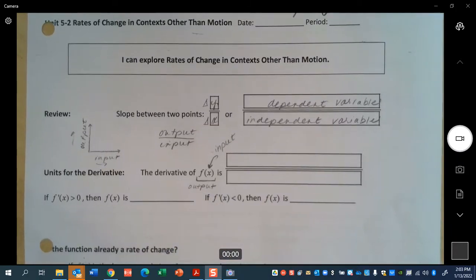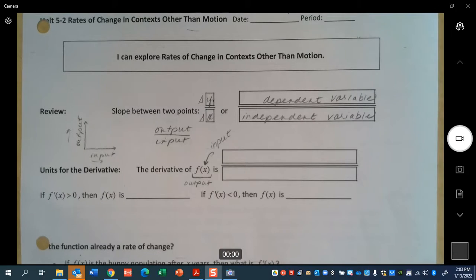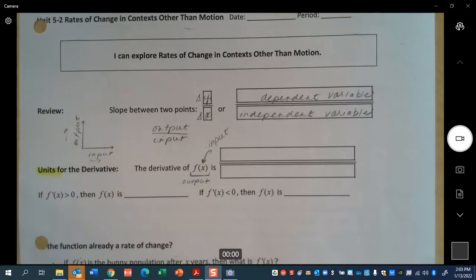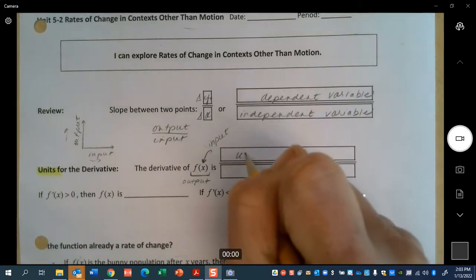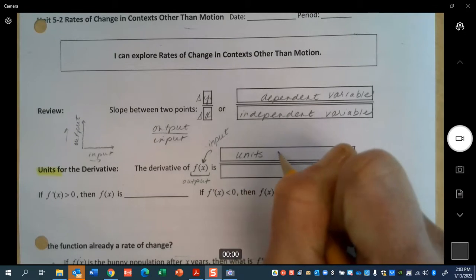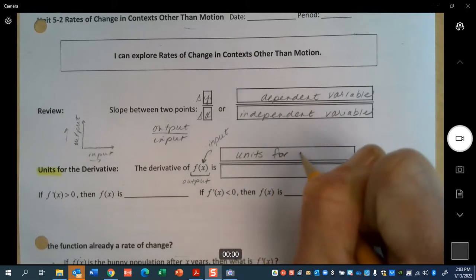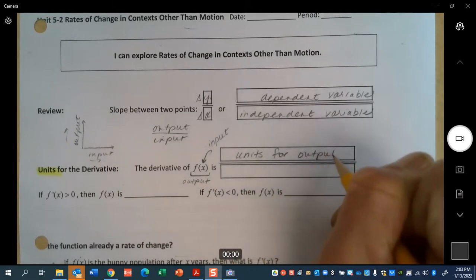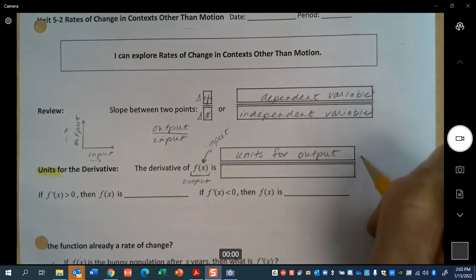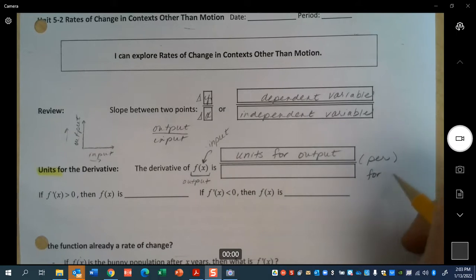And when we're talking about the units for the derivative, and that's what this big conversation today is all about, units, we want to make sure that we have the units for your output or your dependent variable. And this here is a per. Sometimes we talk about it being a for every.